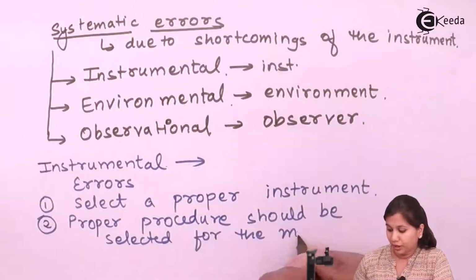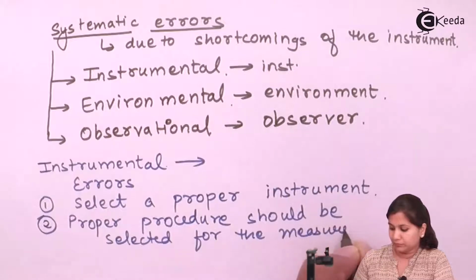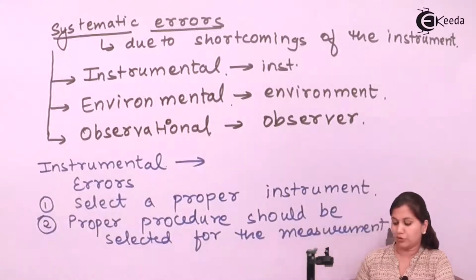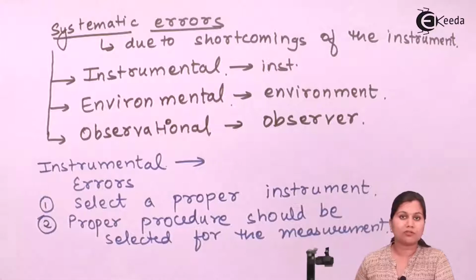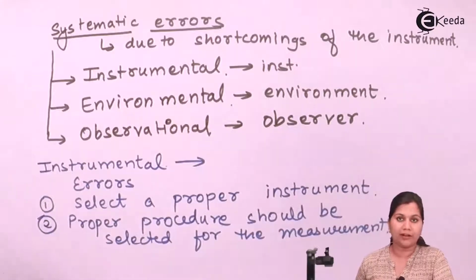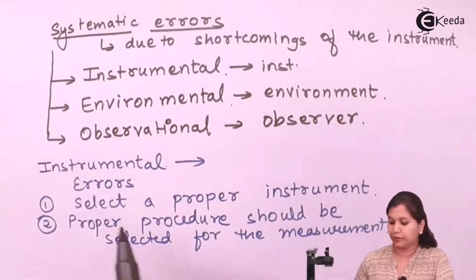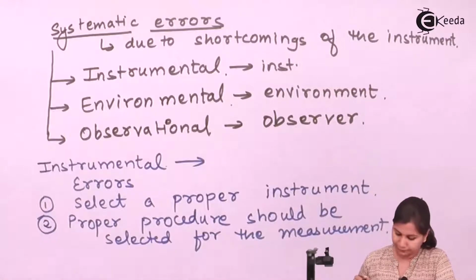Suppose that we are using some wrong method to do the measurement, the steps which we are following are wrong, then also errors can occur. So the proper procedure and the proper instrument should be selected.